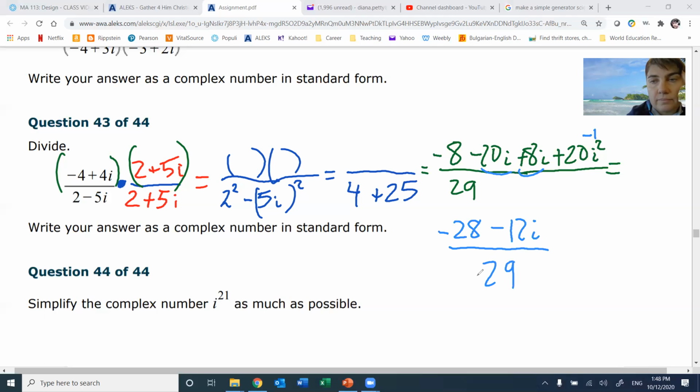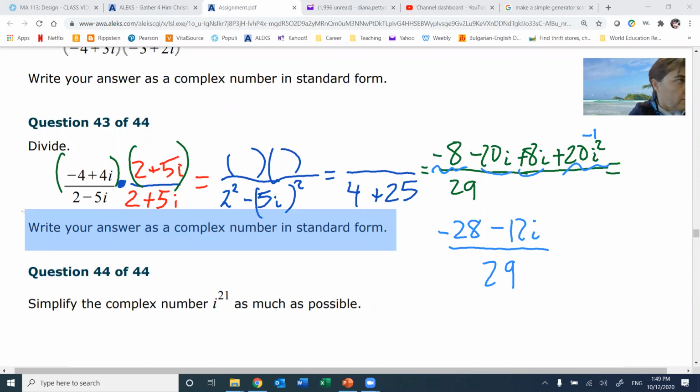Where do you get the 28? Because of the minus 20 and the minus 8. See, you add them, they're like terms. Oh, I thought you were adding the i's. I did the i's. They're minus 20 and plus 8. Well, so usually, okay, here, this is the important part. It says, write your answer as a complex number in standard form.